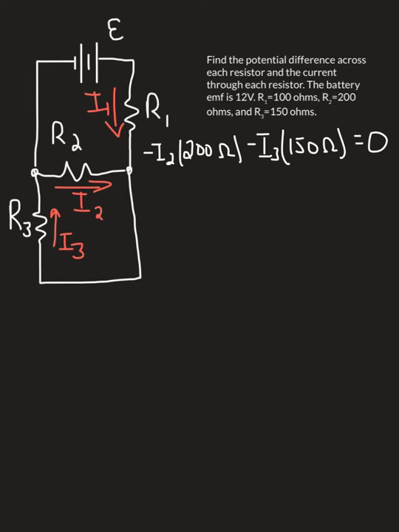Start with the equation from loop 3, put in the values of the resistors, and then solve this equation for I2. You should find that the current through resistor 2 equals the negative value of the current through resistor 3 times the number 0.75.